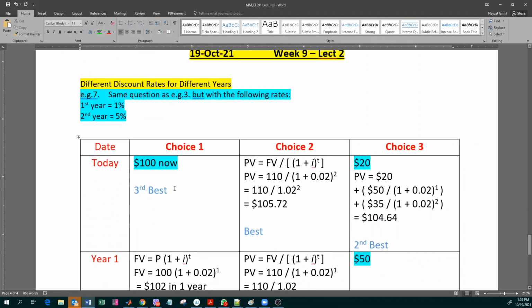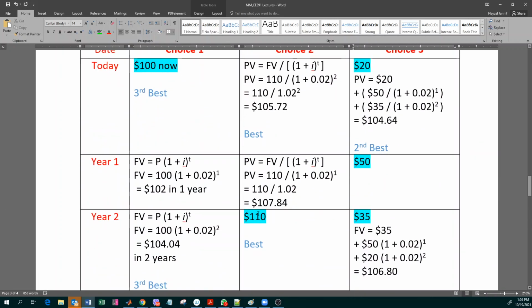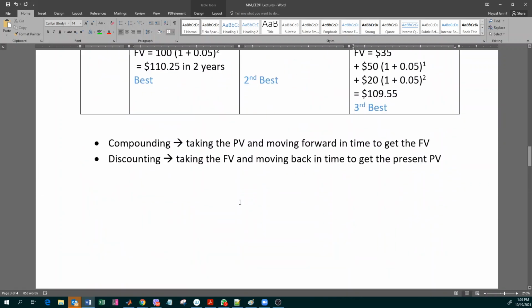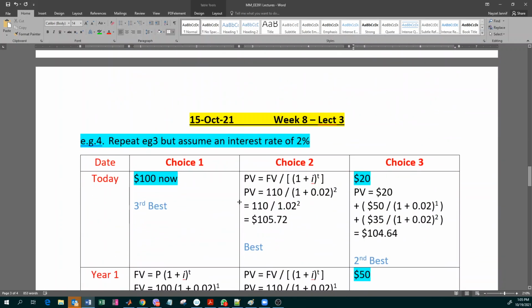Our rates have changed, so let me delete some of the answers which we had from early on. Remember when we were looking at 2% as compared to 5%, we found that the combination of answers became different.